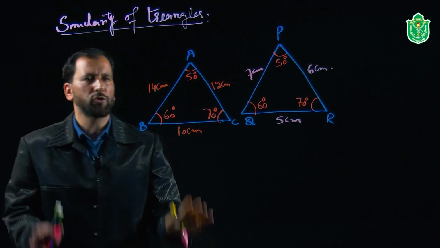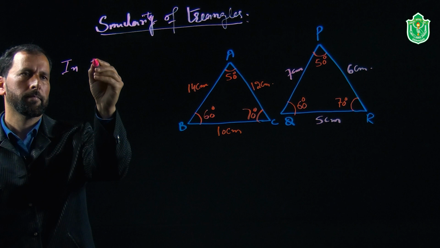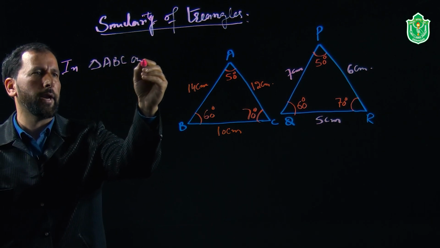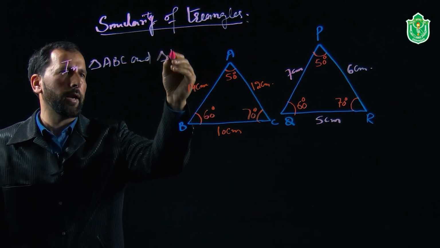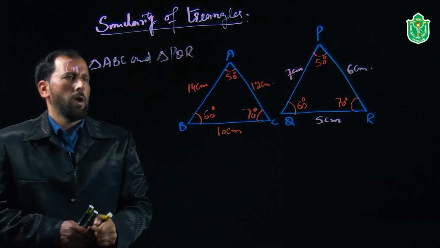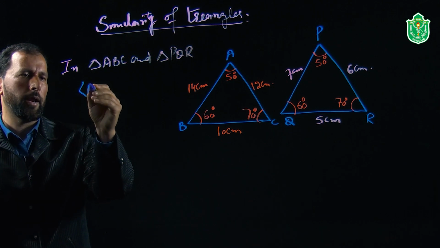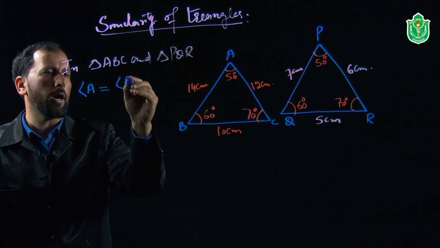So here, in triangle ABC and triangle PQR, we have angle A equal to angle P. Why are they equal?